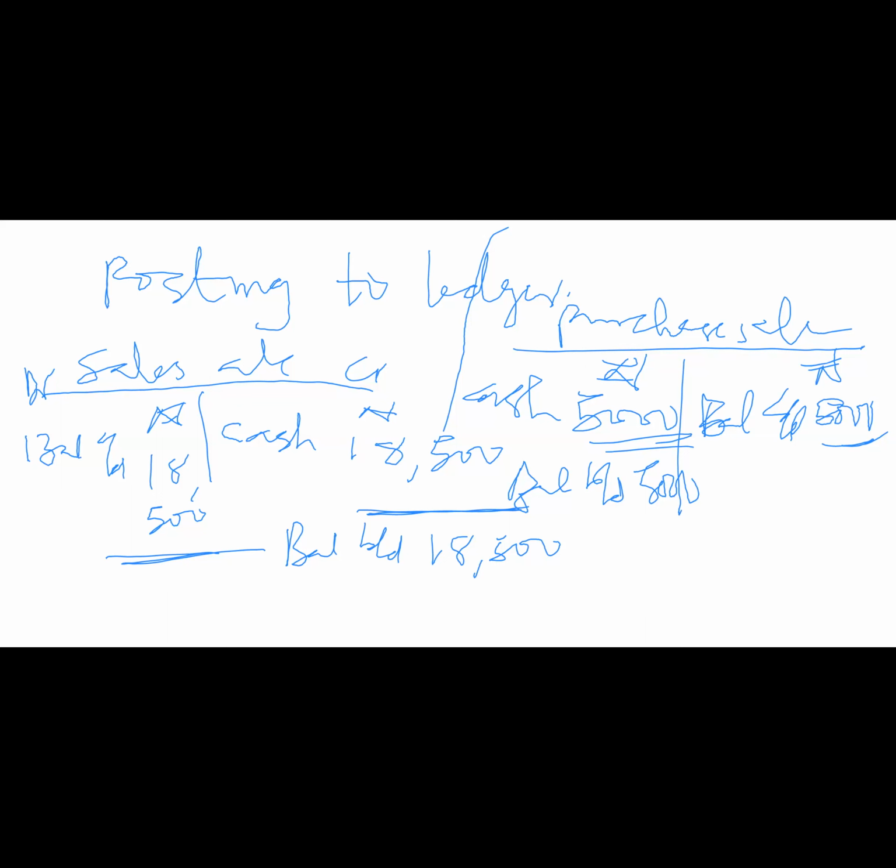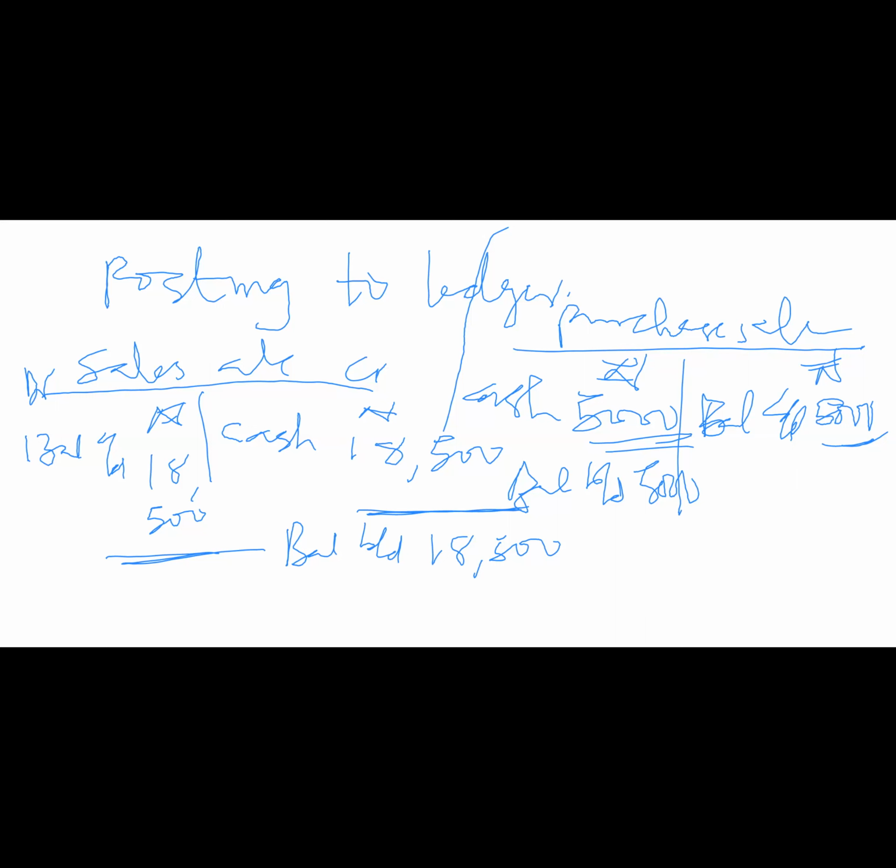Because of that, you post your purchase account to the debit side of the trial balance. Purchase happens to be an expense, so it will be posted to the debit side of the trial balance. Are you following what I'm saying?